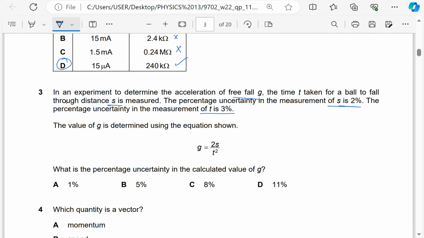Because there is division and a power, the percentage uncertainty in g is, ignoring the coefficient 2, the percentage of s plus twice the percentage of t. This 2 here is the power of t, so it will be twice the percentage of t. So this will be 2 plus 2 times 3, which gives us 8%. So the answer is going to be C.